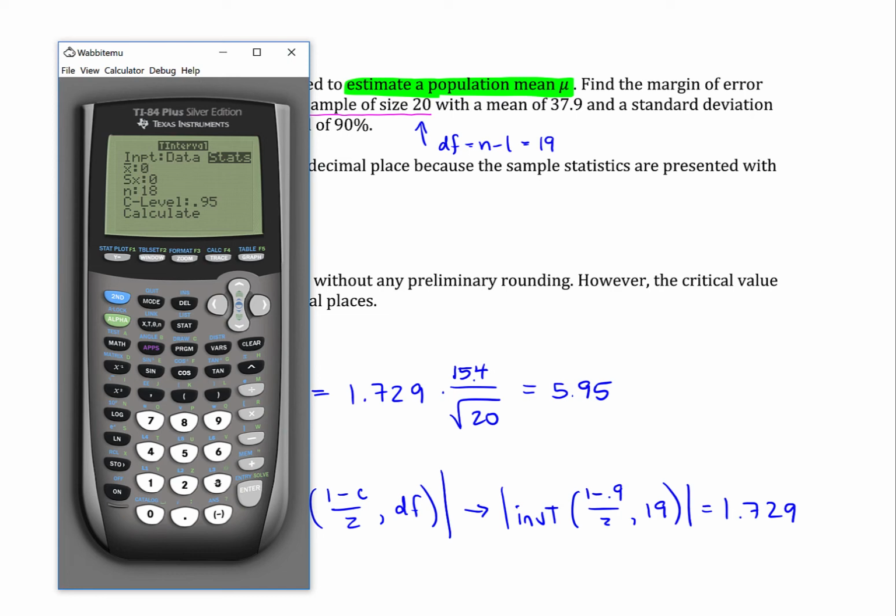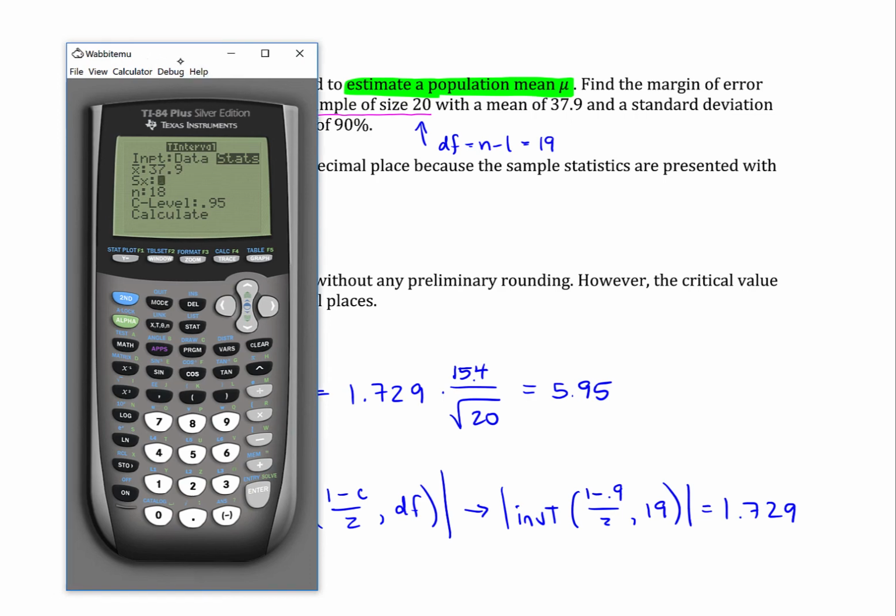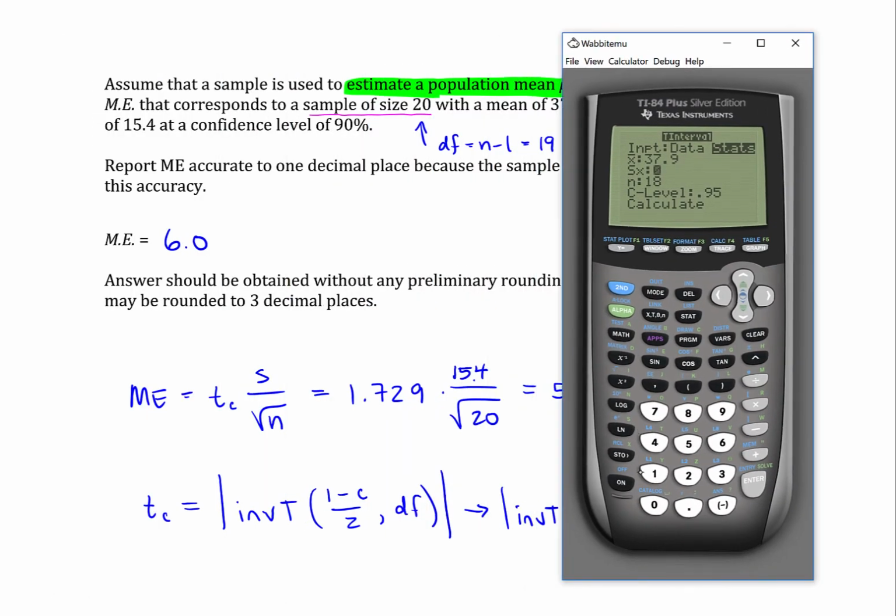The mean of our distribution is 37.9. The standard deviation was given as 15.4. And the sample size was 20. The level of confidence we were interested in was 90%.